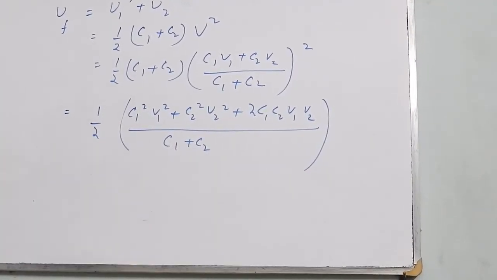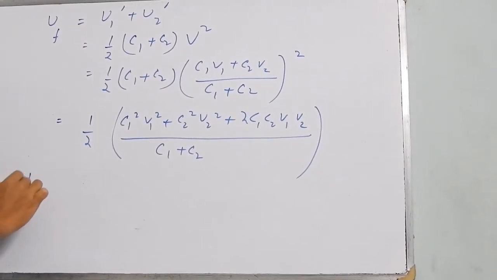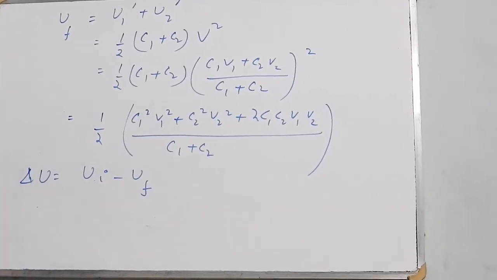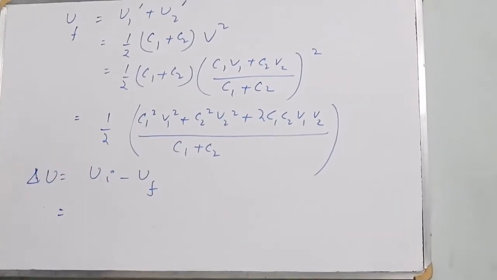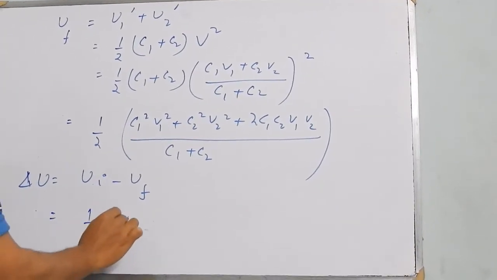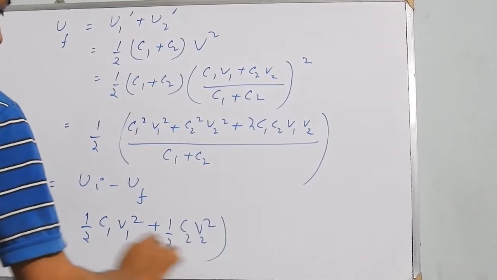Now we will calculate the change in energy, or delta U, as Ui minus Uf. So remember that Ui was half C1 V1 square plus half C2 V2 square.